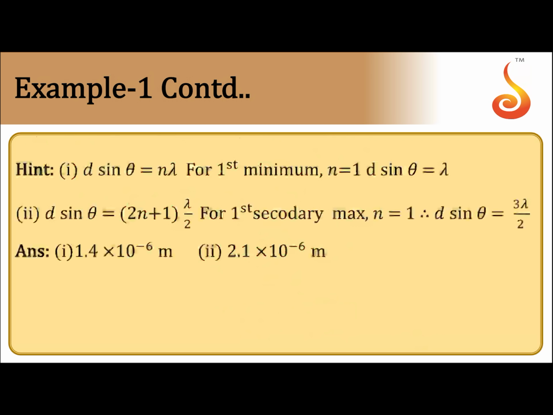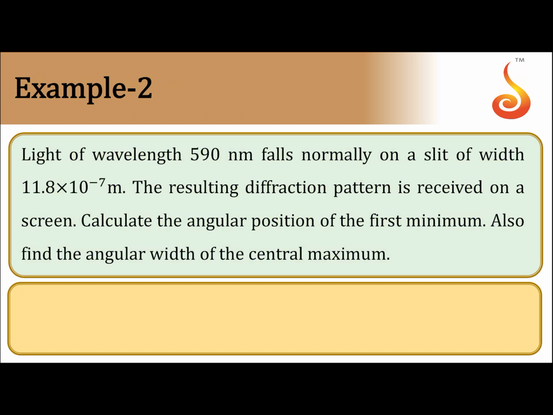Yes, we shall proceed further. Light of wavelength 590 nanometer falls normally on a slit of width 11.8 into 10 power minus 7 meter. The resulting diffraction pattern is received on a screen. Calculate the angular position of the first minimum.